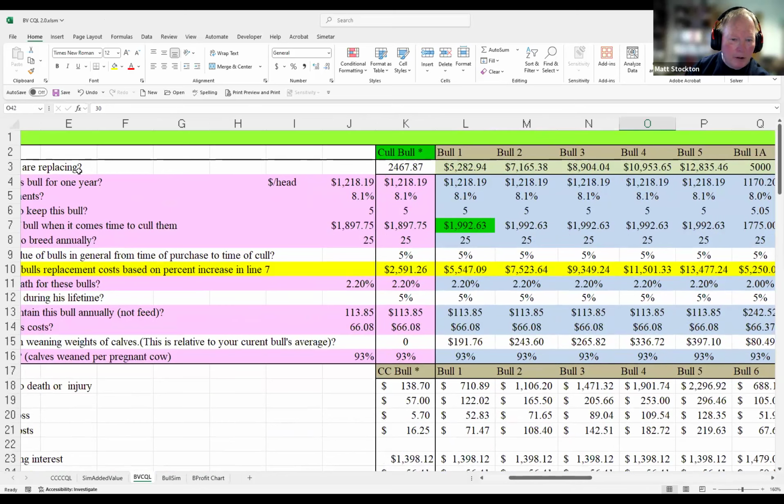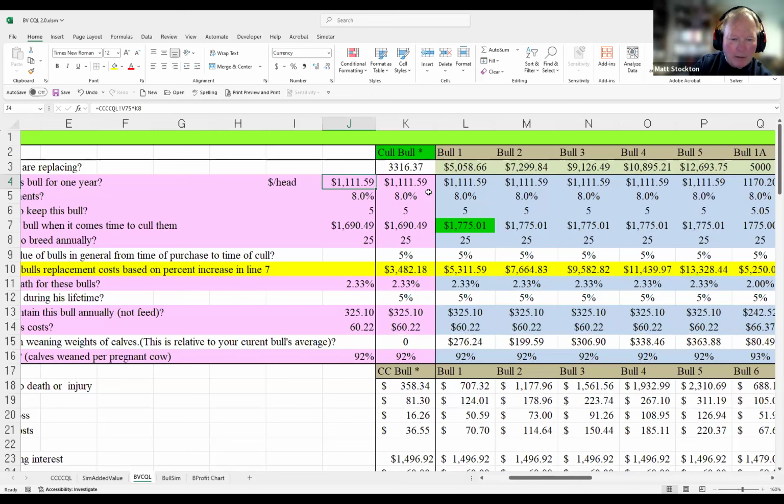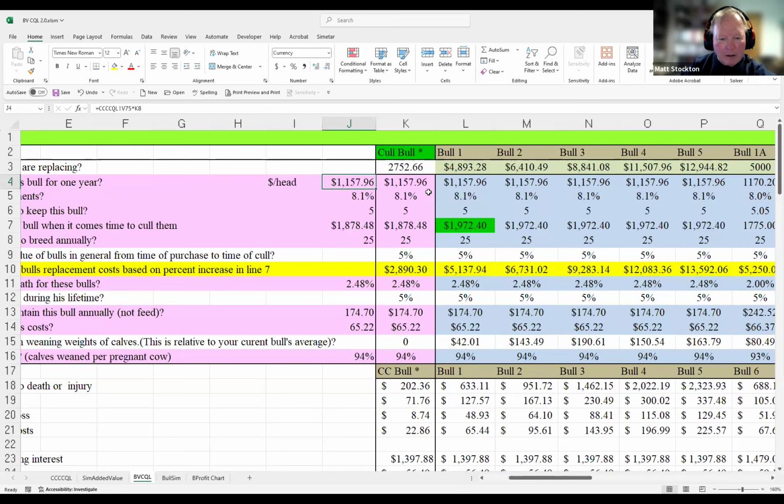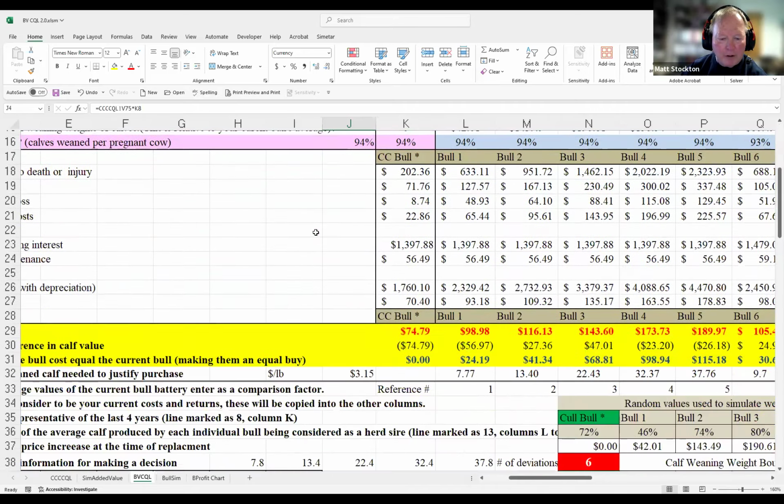It comes up with a new cost for the bull. This price here is new too, because remember, we have a high and a low, and it's taking some number randomly between those. And there we go, it's less. So you would have all these prices that are coming, all the interest rates are changing, all these numbers are changing and coming up with a new answer of profitability.